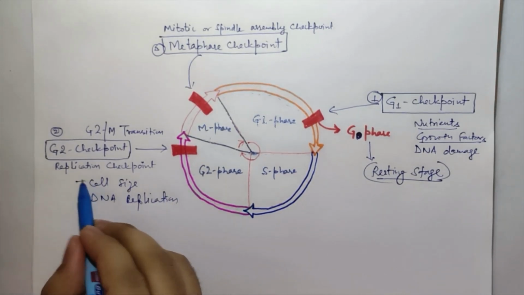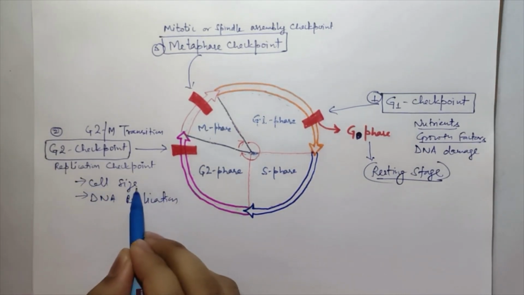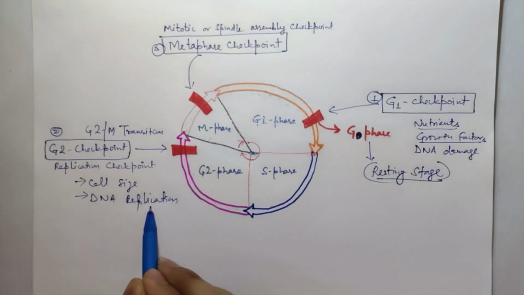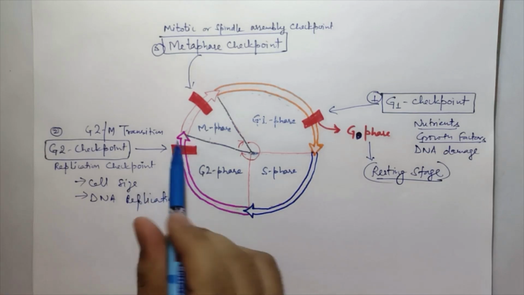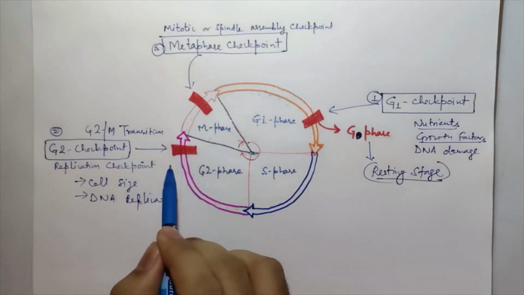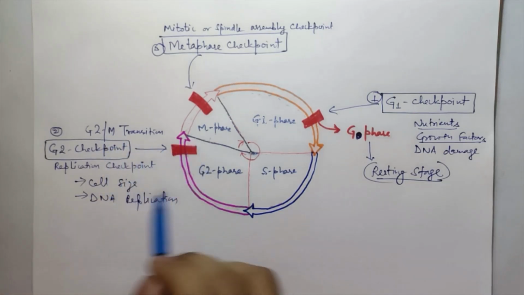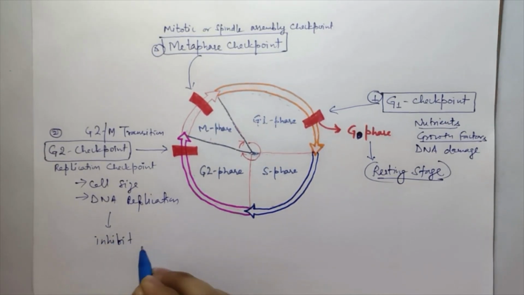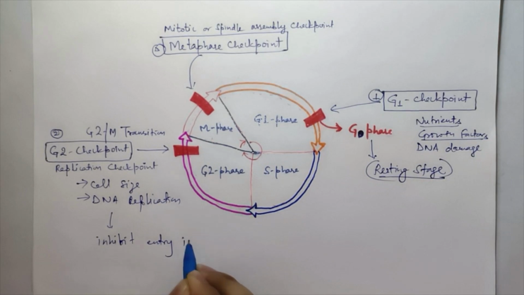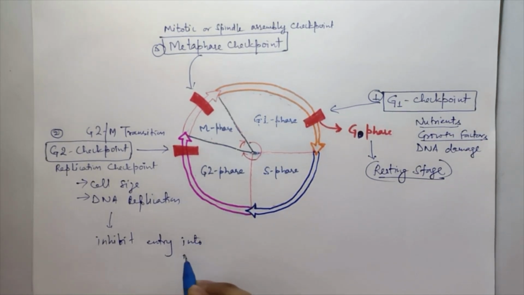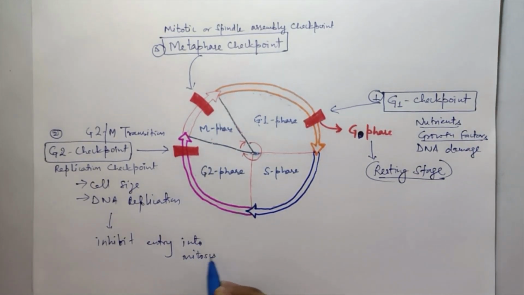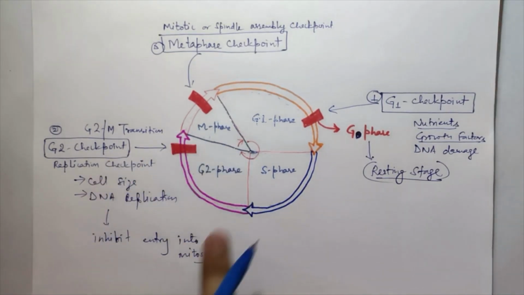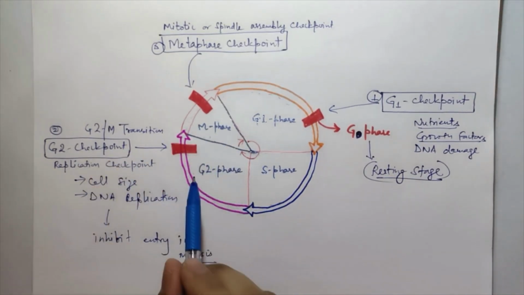So it has two major functions: cell size check and DNA replication check, and it usually arrests the cell at G2M transition, and thus inhibits entry into mitosis until DNA replication is complete or properly done.